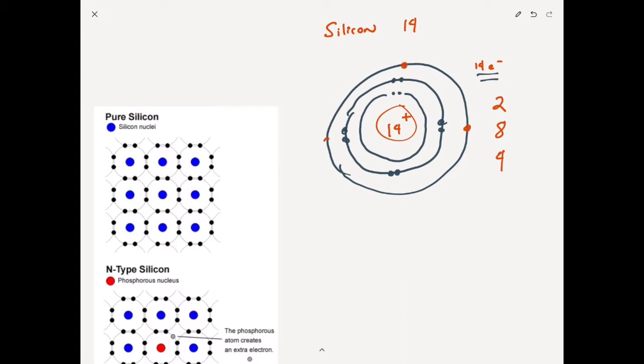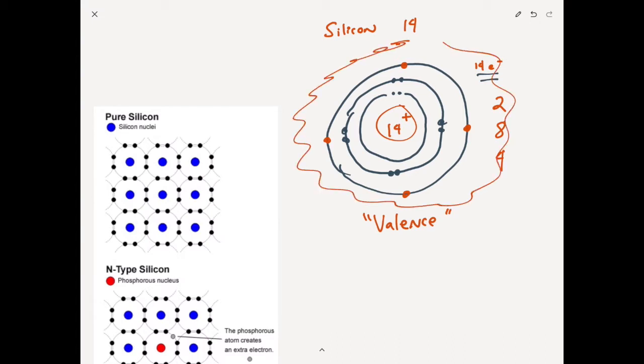And that outermost level, called the valence layer, is very important to the chemistry of silicon because the outermost layer is where the electrons live that are going to interact with adjacent atoms. In other words, these inner electrons don't really play much role, if any, in terms of what the atom does to interact with neighbors.